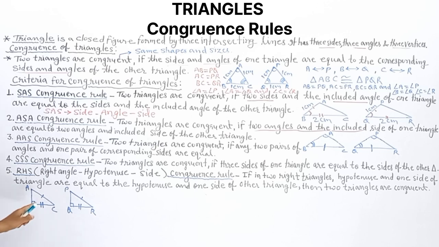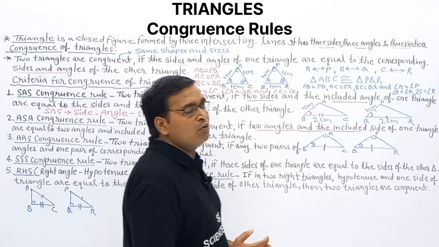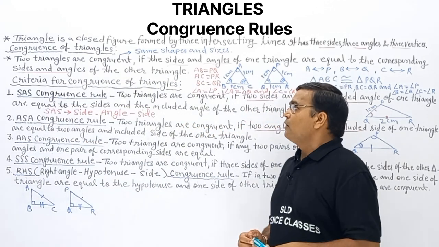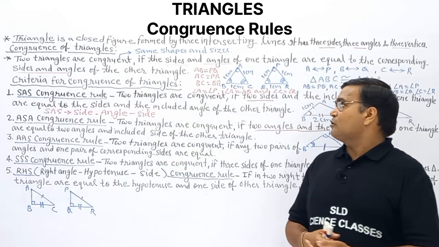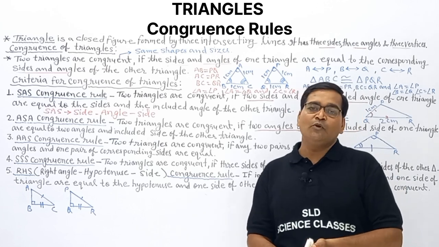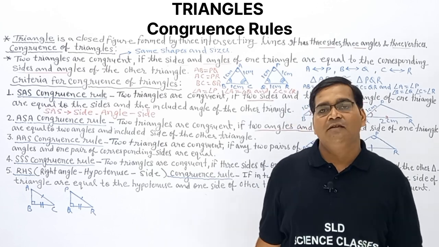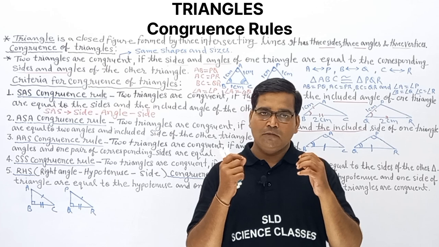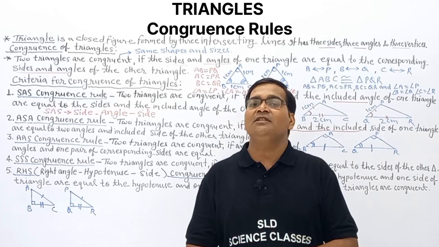Now the hypotenuses are equal, and this side is equal to this one, one side. If the hypotenuse and one side of a right triangle are equal to those of the other right triangle, then we can say RHS congruence rule. So these are the 5 congruence rules of triangles.